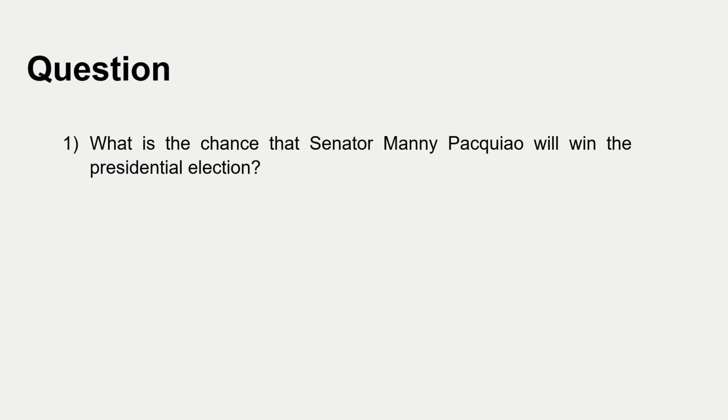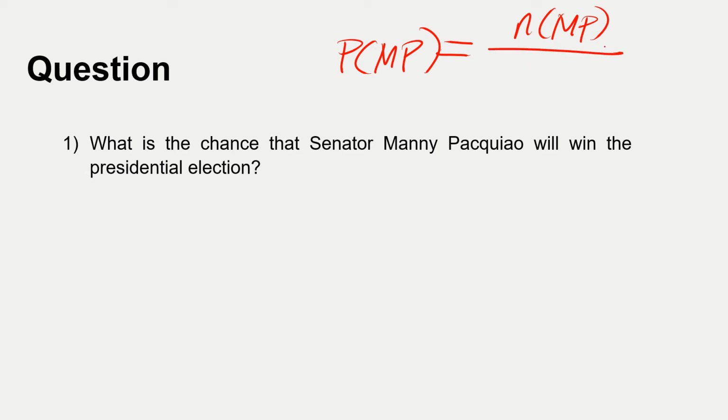If we apply our previously learned concept to get the probability of an event, we just need to know the probability of Manny Pacquiao winning the election: the number of ways the event occurs over the sample space.